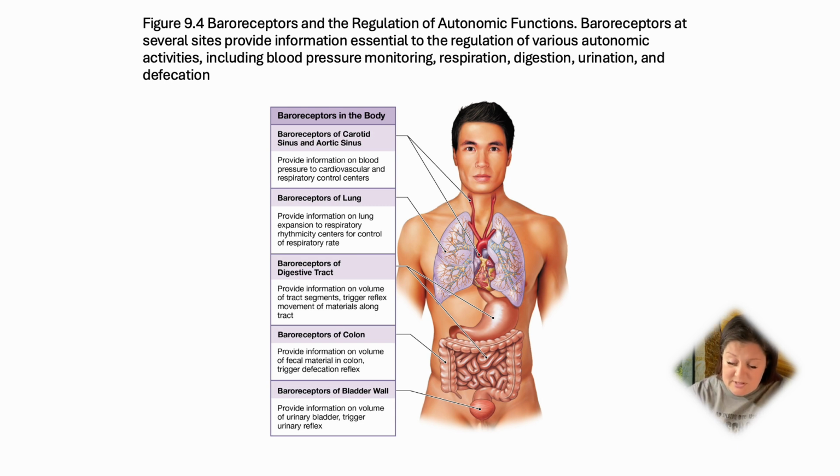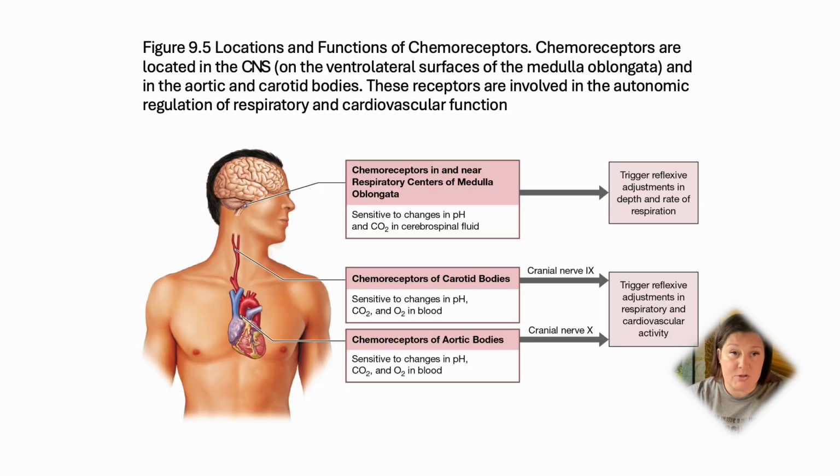The next type of receptor we're going to talk about are the chemoreceptors. The chemoreceptors are paying attention to the chemistry: the oxygen, the pH, which is our hydrogen concentration, and our carbon dioxide concentration. Specifically, we've got a couple of areas where we need to recall where we're going to have our chemoreceptors.